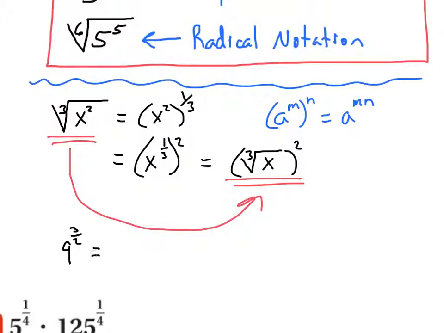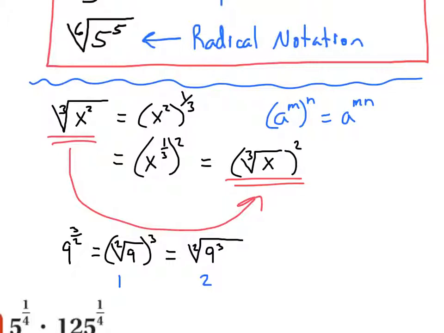I could say that I have the square root of 9 raised to the 3rd power, or I could say that I have the square root of 9 to the 3rd power. Mathematically speaking, it means the same thing. Notation-wise, it's a little different. Which method do you think would be easier? Method number 1 or method number 2?